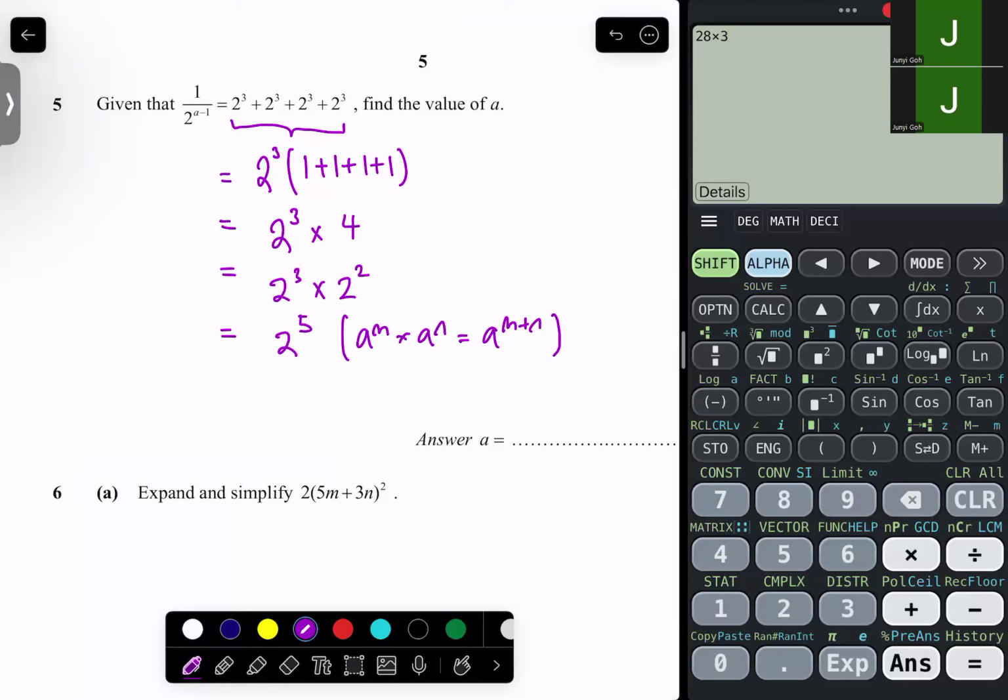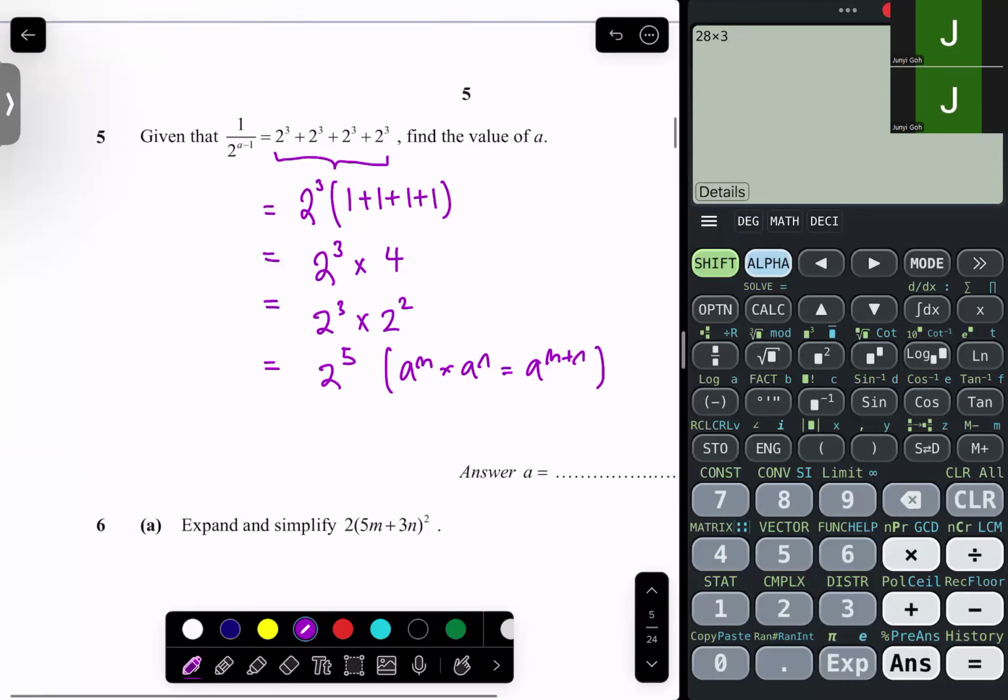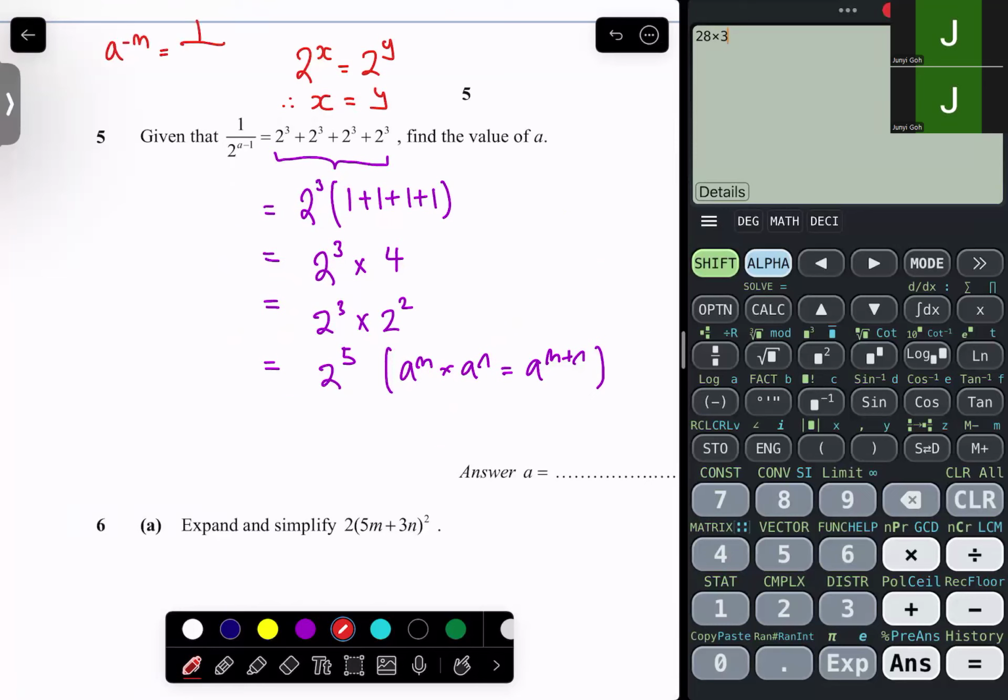Now, another 2 indices laws. If I have 2 power x equals 2 power y, we can take away the 2 and conclude that x equals y. We also have this law that if I have a power negative m, I can switch its position and become a power m.